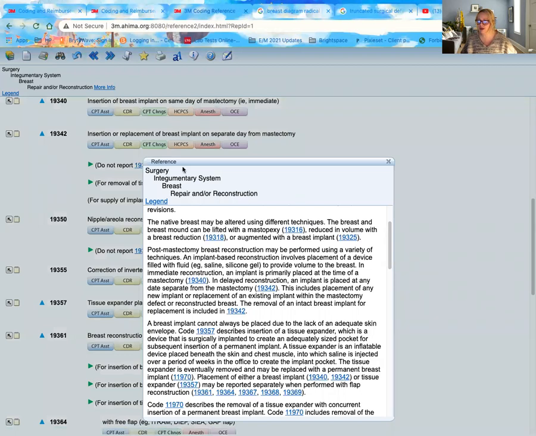Now the code for 19340, before I get ahead of myself, is insertion of a breast implant on the same day. That would not apply. Or insertion of replacement of breast implant on separate day for mastectomy. That would apply if in fact the procedure is to be a breast implant.